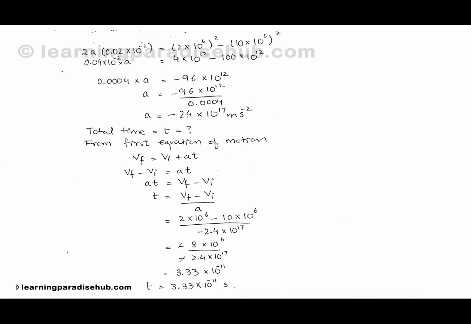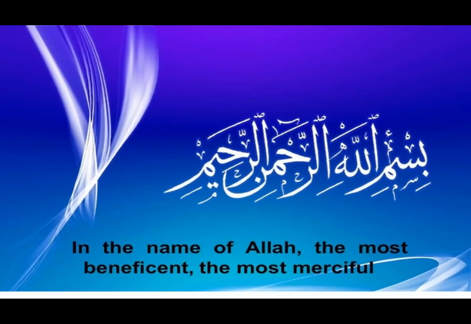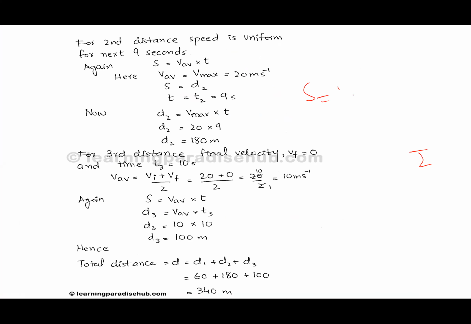I will write these equations for you, and these equations are V is equal to Vi plus At. This is equal to Vit plus half At square.